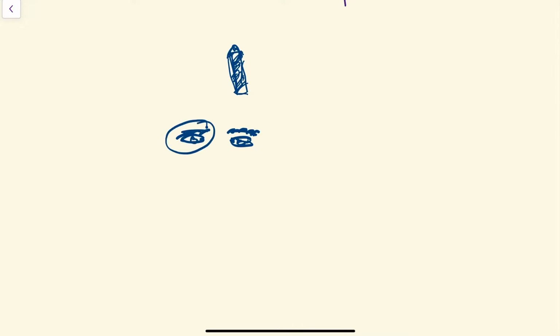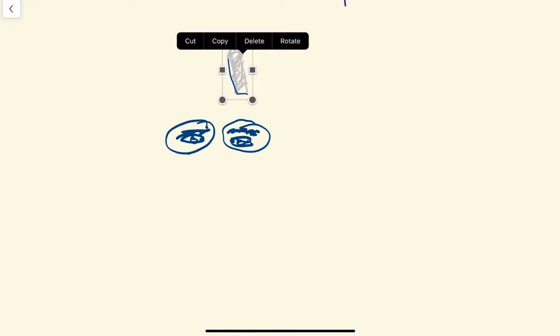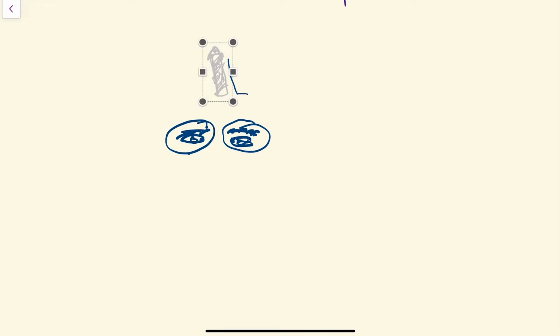Close one eye and see, then the second eye is open and the first is closed, and see the two positions of the pencil. Observe that there is some change in the position with one eye and the other eye.